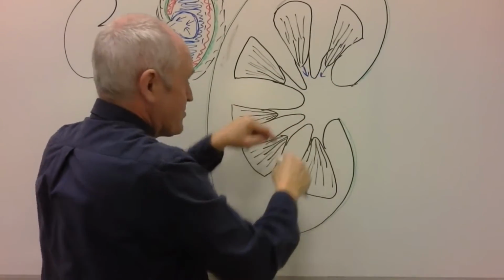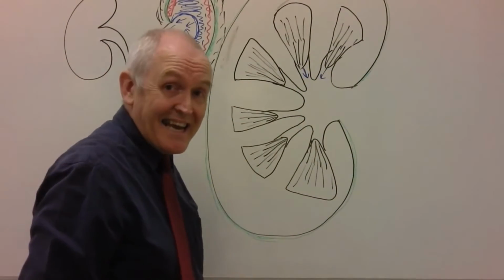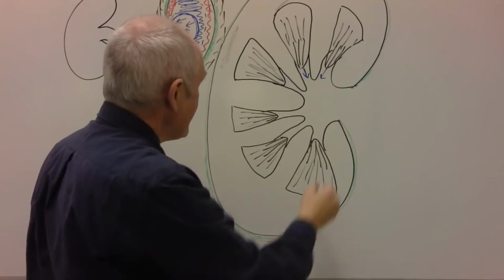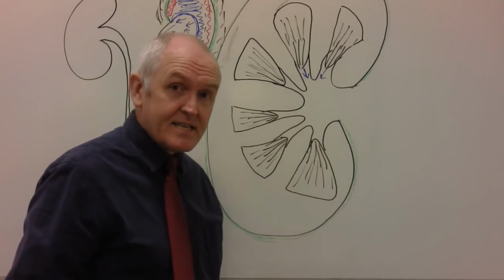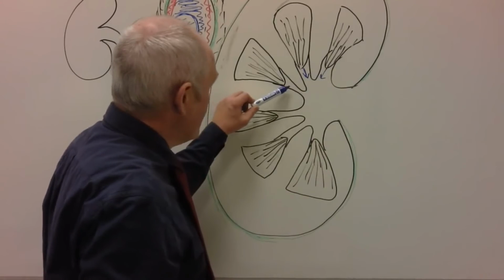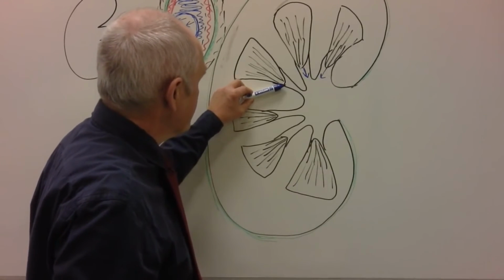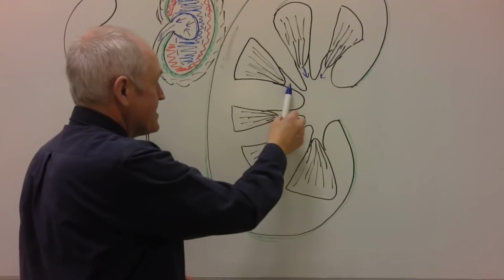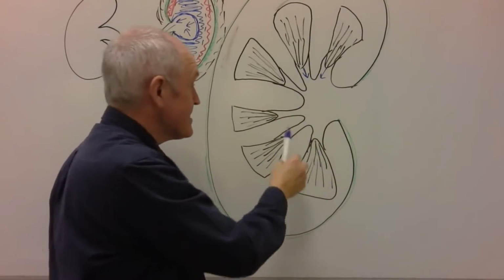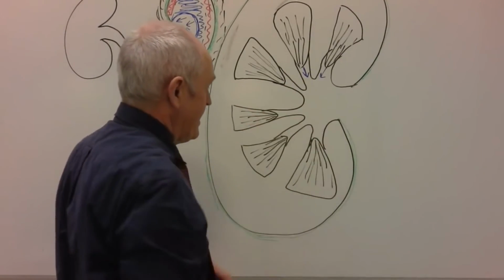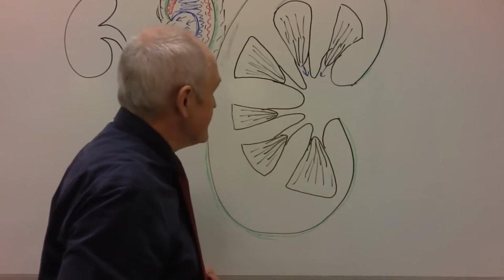And these tube-like structures are called calyces. Collectively, they're called calyces. One would be called a calyx. So there we have a renal calyx. And the initial calyces are minor calyces, and they go into slightly bigger major calyces.